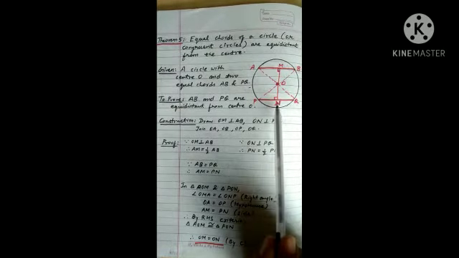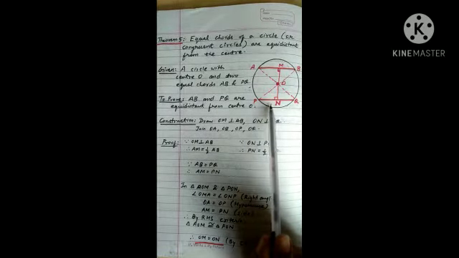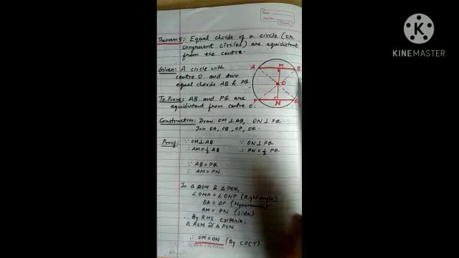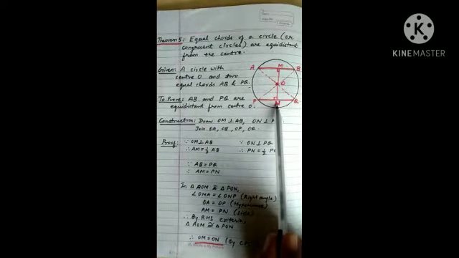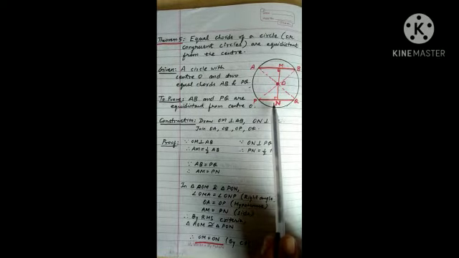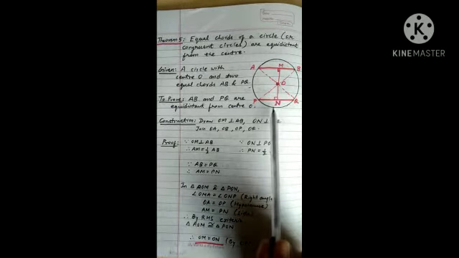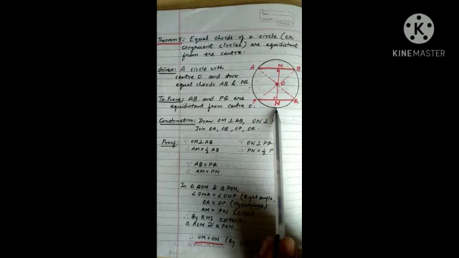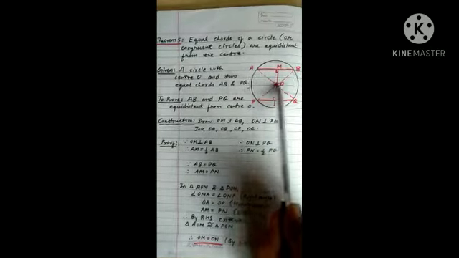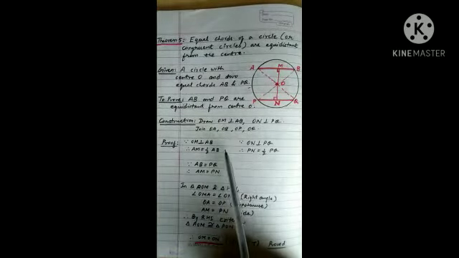OM and ON are respectively the distance of both the chords from the center. We will draw OM and ON perpendicular to AB and PQ chords respectively. We will join the radii OA, OB, OP and OQ.